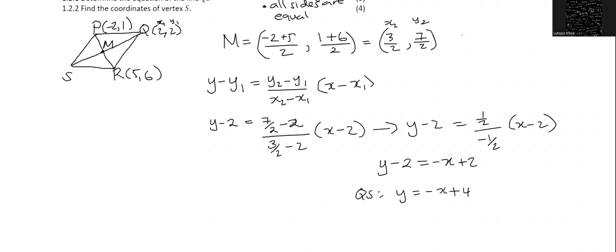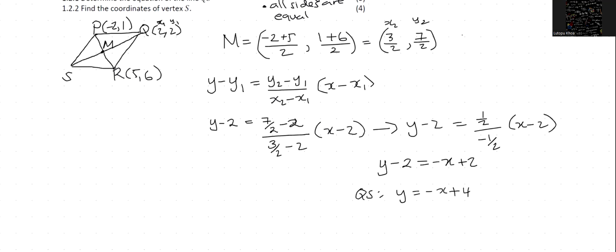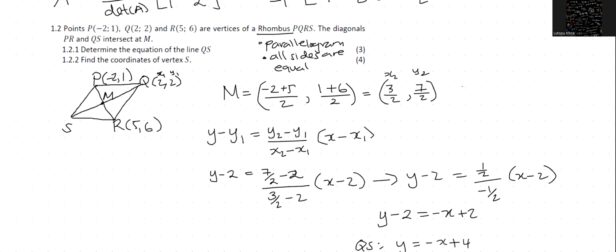Then the second question, 1.2.2, says find the coordinates of the vertex S, sorry, not X. Okay, so we know the midpoint of QS. We have the point Q, so we just use the midpoint formula.